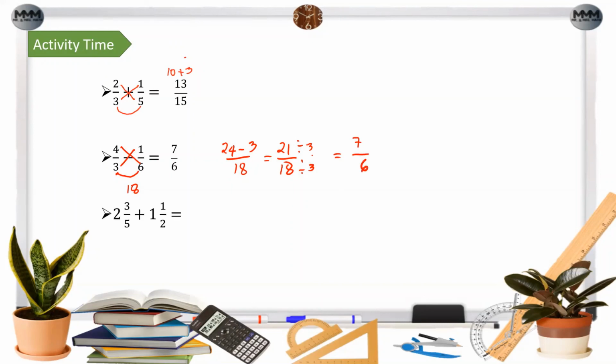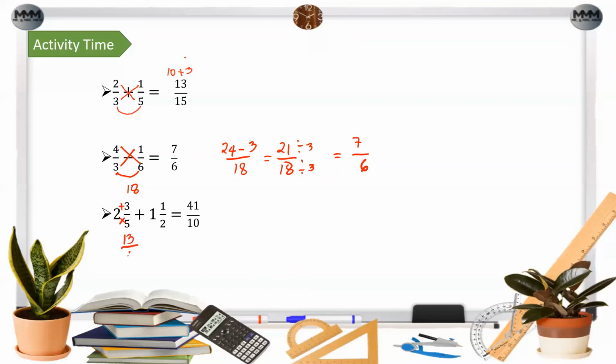Next, we have mixed numbers, addition of mixed numbers. Okay, the answer is 41 over 10. So we will convert this one. We have 2 times 5 is 10 plus 3 is 13.